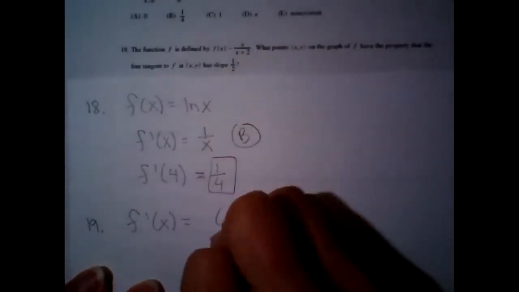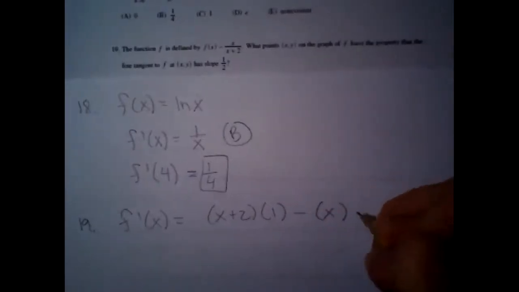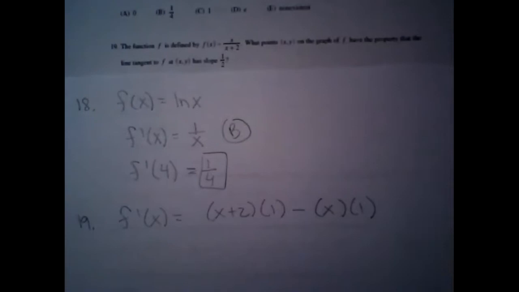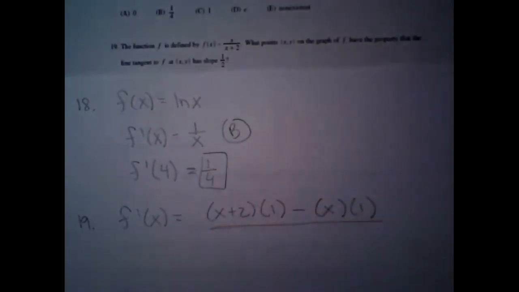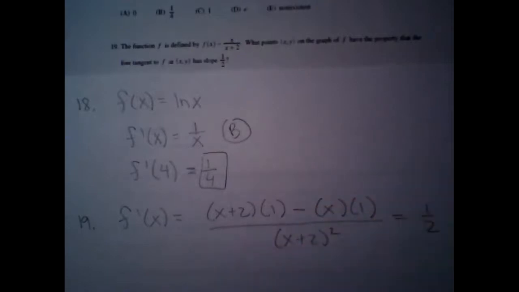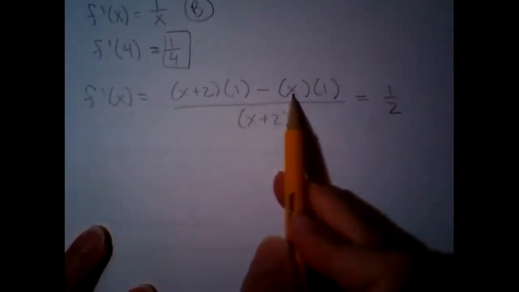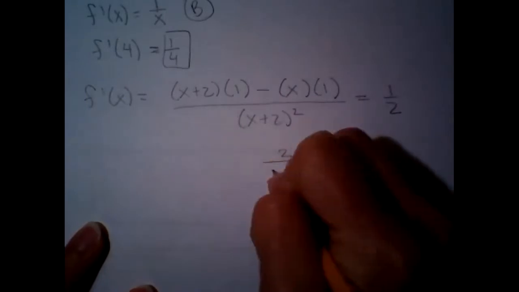Quotient rule is the denominator times the derivative of the numerator minus the numerator times the derivative of the denominator. I'm putting in those derivatives that are 1 just so you can see the whole pattern, over the denominator squared. And they want us to set that equal to 1/2. So let me clean this up a little bit. This numerator would be x plus 2 minus x, which would just be 2.